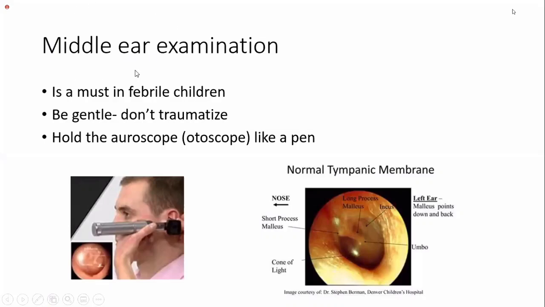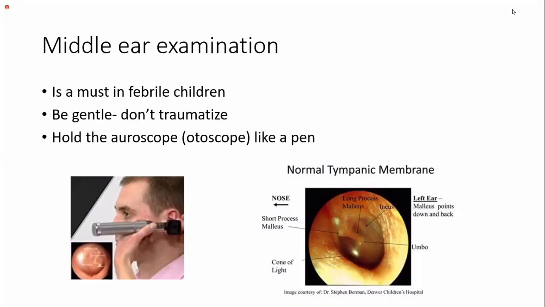Can you remember the middle ear cavity? To look inside the ear, we use an instrument called an otoscope, and it's important to hold this properly.